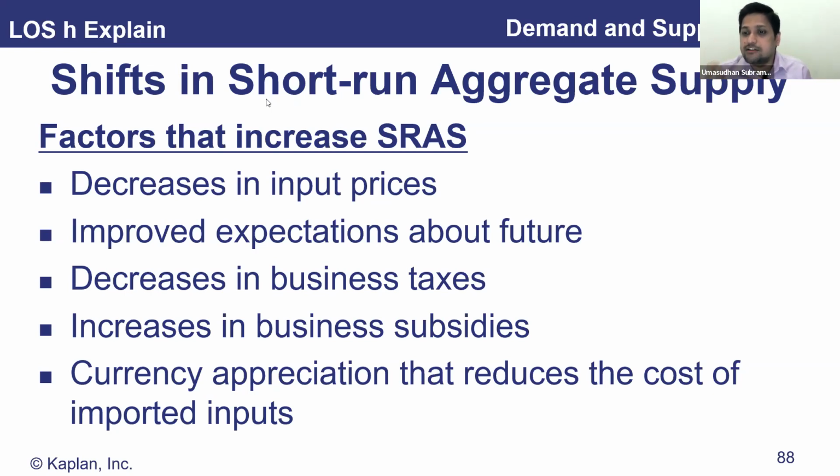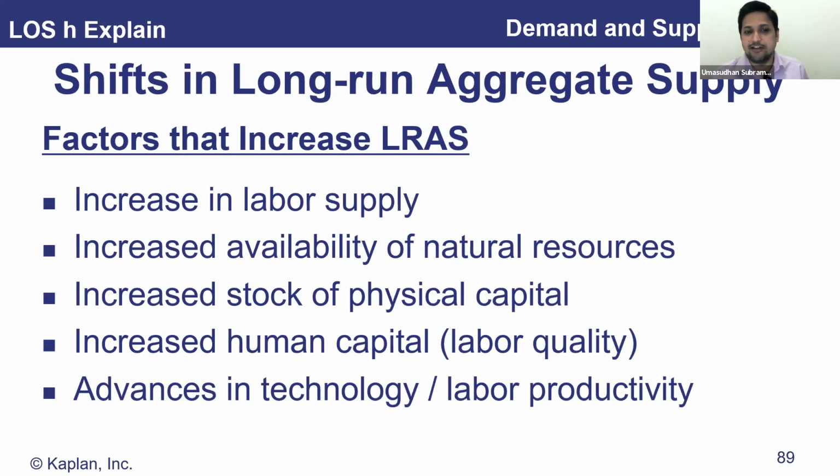Now, the next great question you need to answer is, how can you increase your long run aggregate supply? That's what we are going to discuss. Think about this. This is interesting. You need to increase labor supply. How can you increase labor supply in a country?